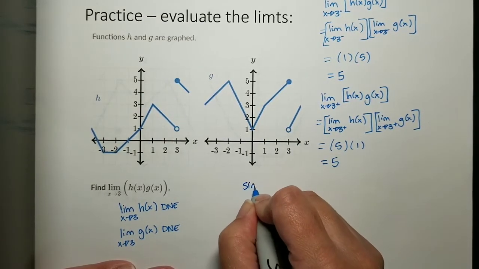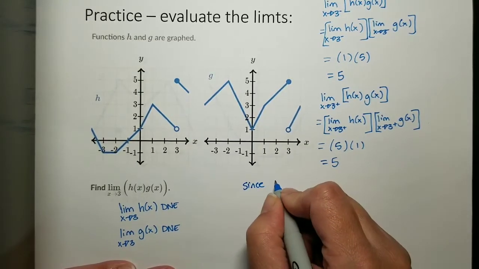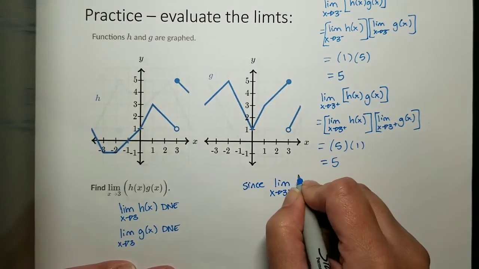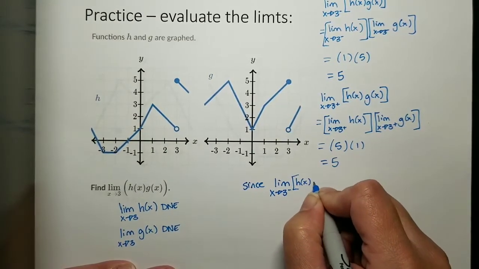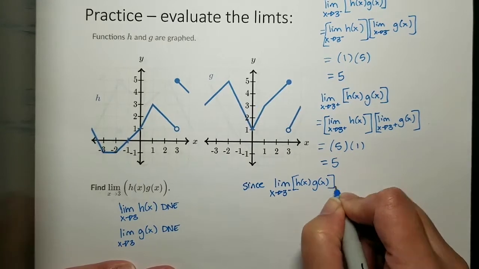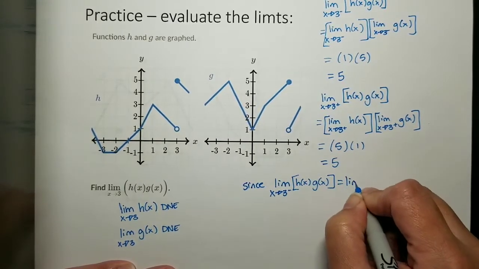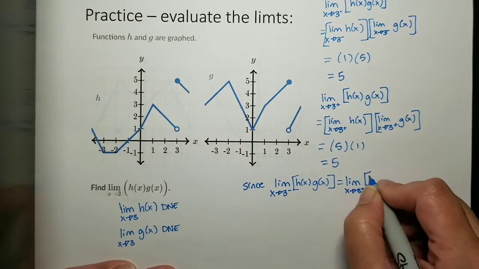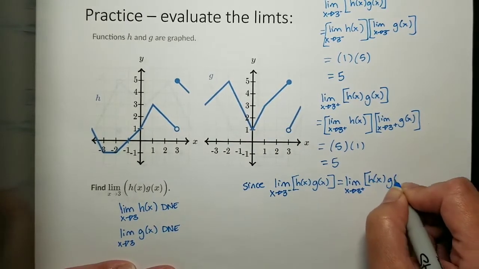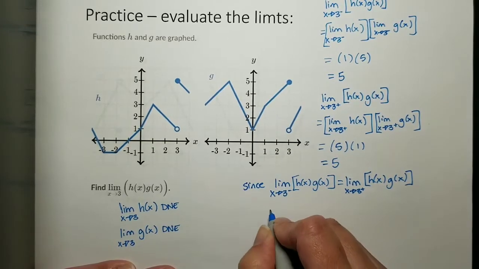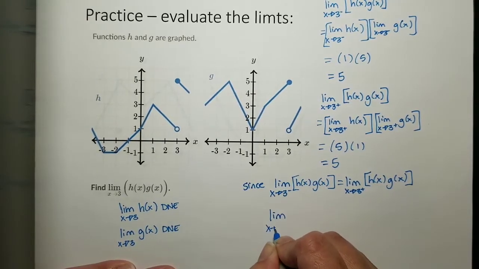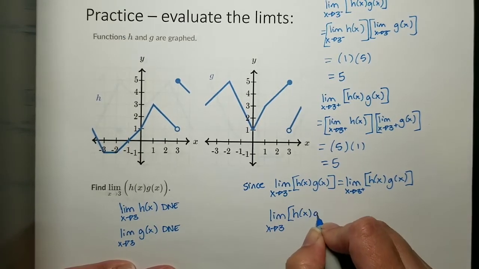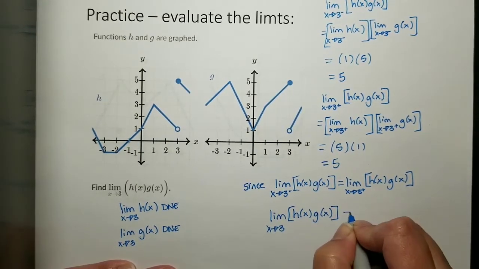So we'd say, since the limit as x approaches 3 from the left of h at x times g at x equals the limit as x approaches 3 from the right of that same product function, then we know the limit as x approaches 3 of h at x times g at x equals 5.